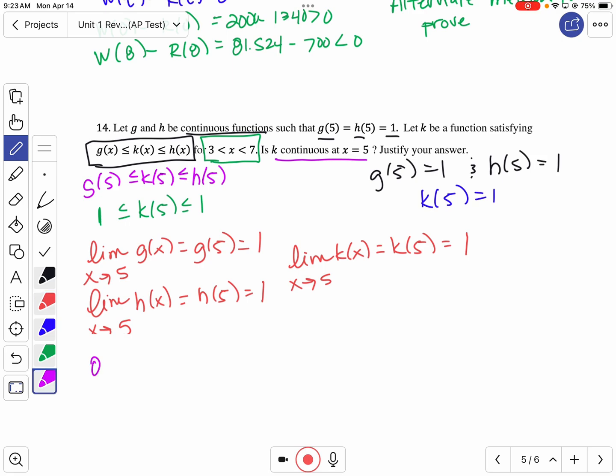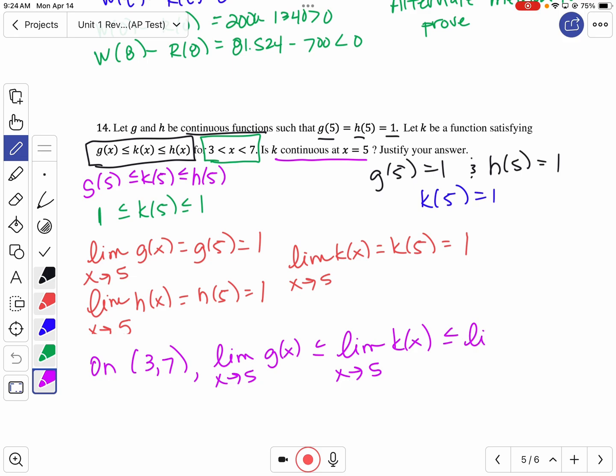So we would say on the interval from 3 to 7, the limit as x approaches 5 of g of x is less than or equal to the limit as x approaches 5 of k of x is less than or equal to the limit as x approaches 5 of h of x. So that inequality holds true for the limits.